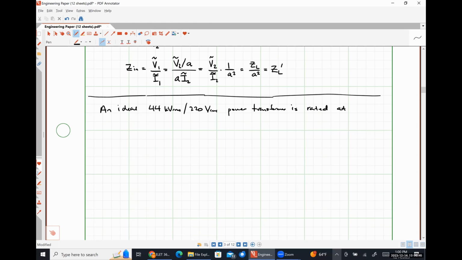Is rated at 240 kilovolt amperes. And is used to step down a 60 hertz voltage in a distributed system. I think that's probably supposed to be distribution system.